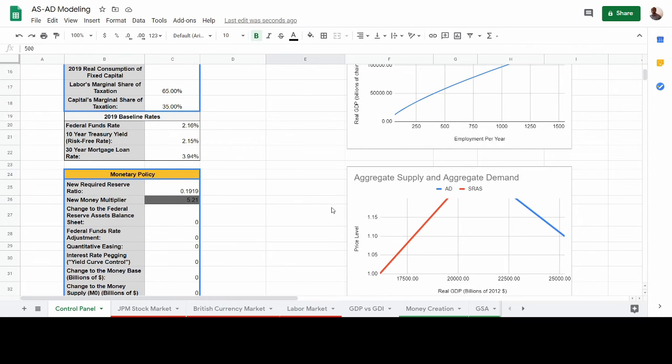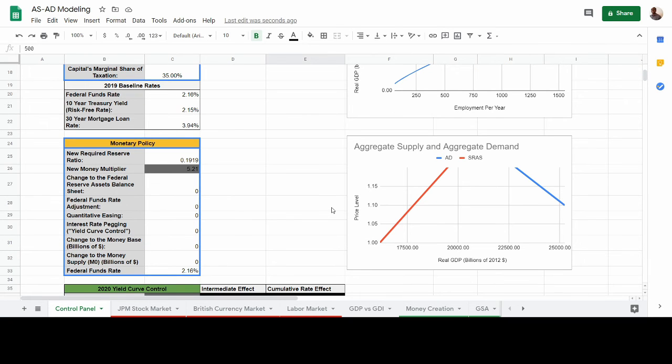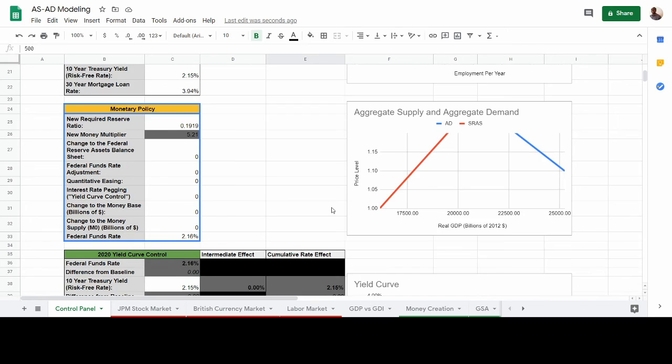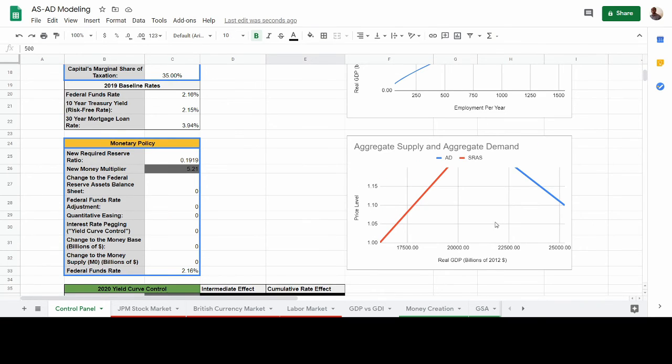The aggregate supply curve has actually shifted a bit to the right, and is now intersecting with the aggregate demand curve at a far higher level. Again, the change to investment is in addition to the aggregate demand curve, but it also does shift the aggregate supply curve.